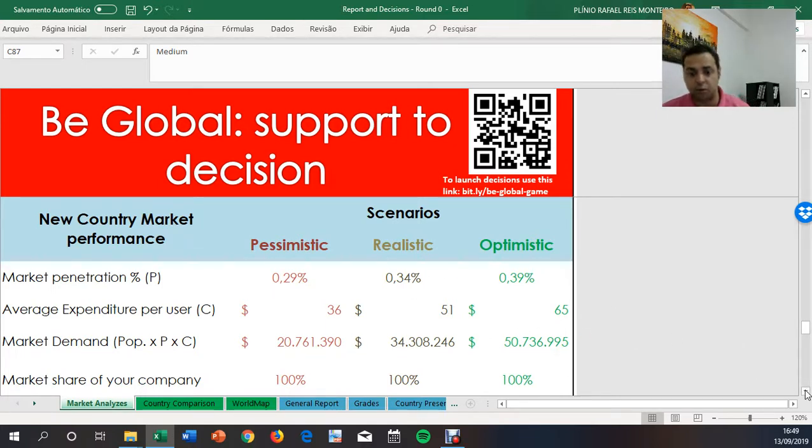This is the range of use of the app. And we also have different scenarios for the average expenditure per user, and what the demand will be. Basically, if you multiply the population of the country by the percentage of users, by the average expenditure per user, you have the demand.